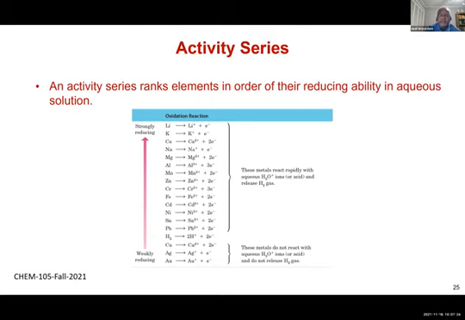Metals below hydrogen here do not react with aqueous strong acid. So the reduction of protons, hydronium ions, in solution produces an activity series.